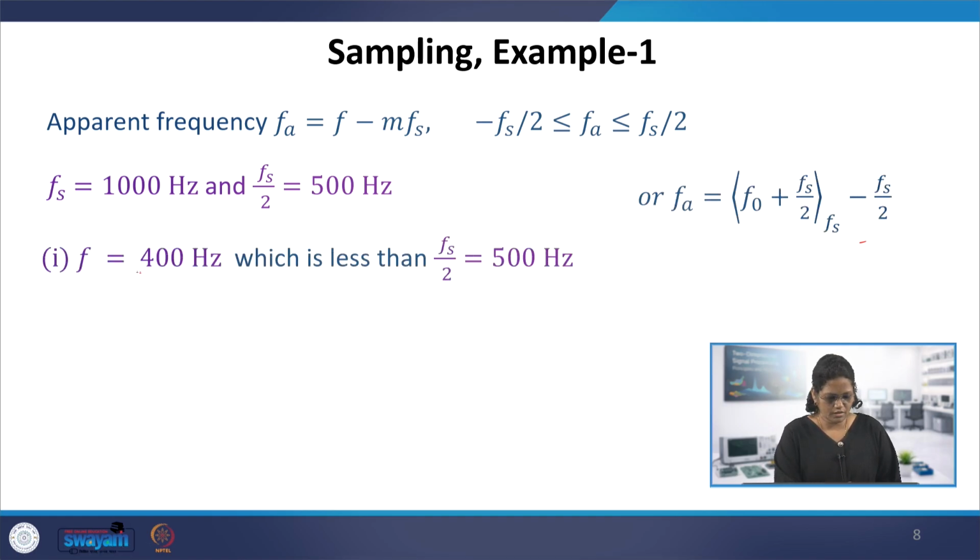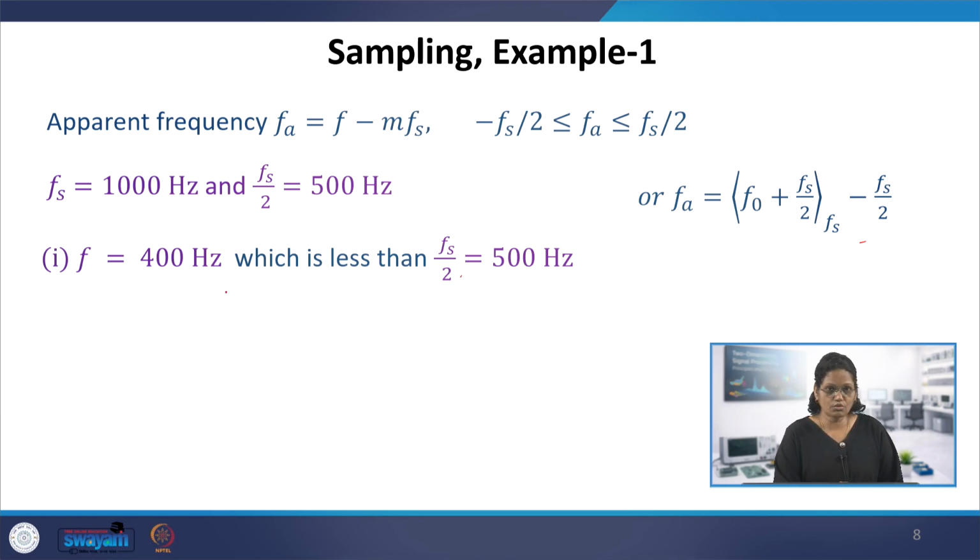Now, for the first case, F is 400 hertz, and the folding frequency is 500 hertz. First check that this frequency is less than 500, or Fs by 2. If it is, then it is 400 hertz, and the sampling frequency is 1000. By the Shannon sampling theorem, 2 times 400 should be 800, and we are using 1000.